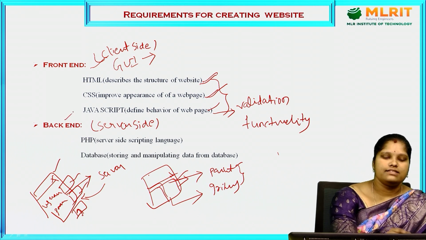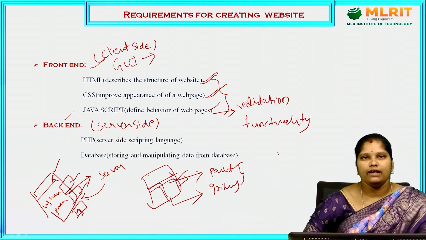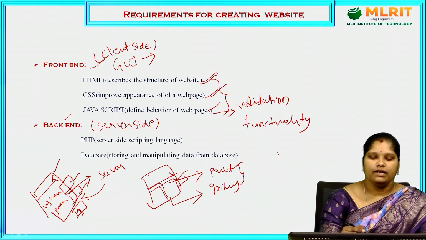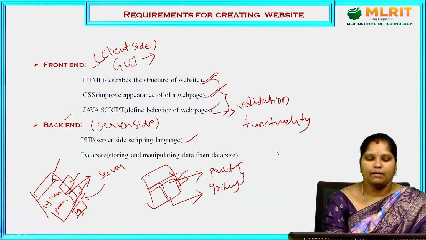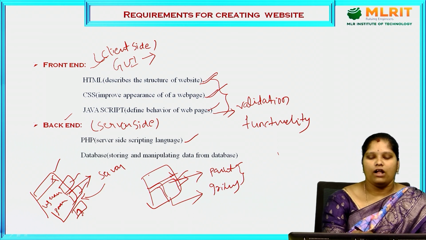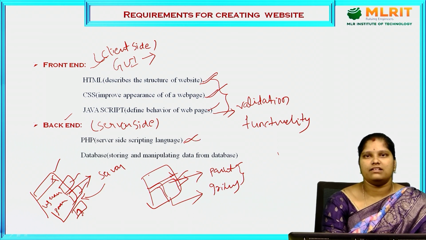And next one is the backend part. Whatever operations are done based upon the user requirements, that is done by the backend part. For creating the backend part, we need to use PHP and a database. All the operations and tasks are built by PHP.